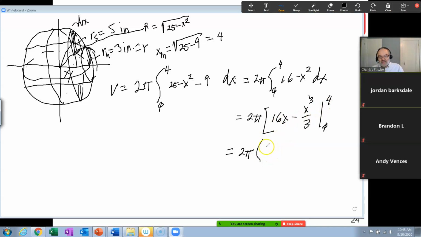16 times 4 is 64, minus 4 cubed is 64 over 3, and 0 is going to give you nothing, so that's what you got. Well, let's make this 3 times 64 over 3 minus 64 over 3, and that would give us 2 pi times 2 times 64 over 3.